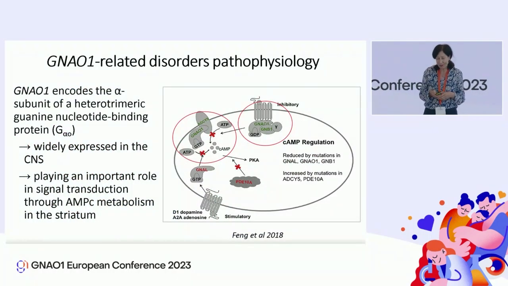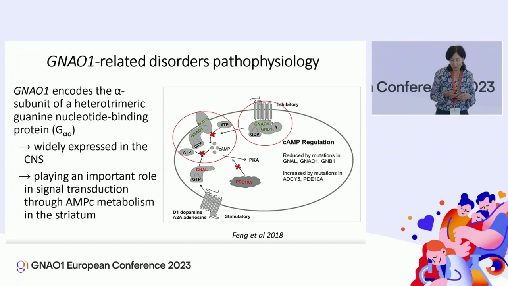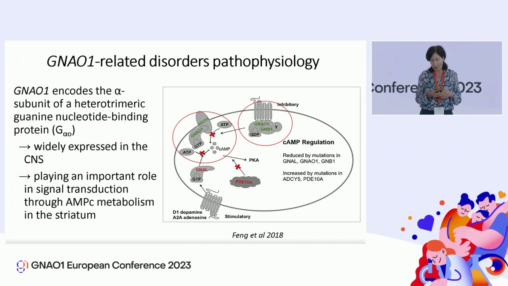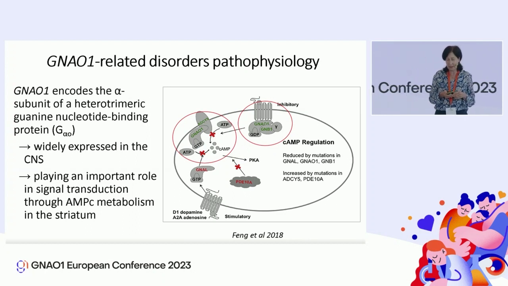So a short introduction. Dr. Galozzi talked about physiopathology. Just to say, GNAO1 is widely expressed in the CNS and plays an important role in signal transduction, cAMP metabolism in the striatum.